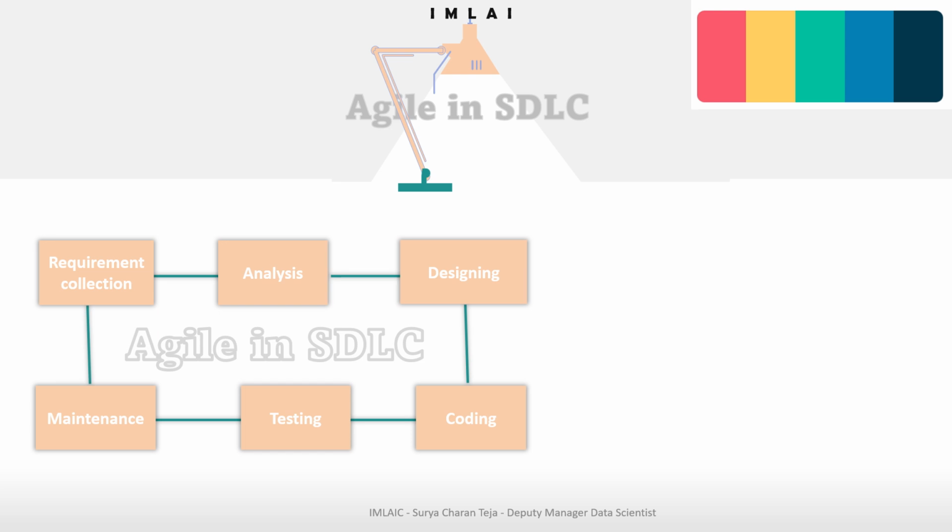This is how agile works in SDLC. The agile process is iterative in nature, which means changes can be made according to the customer's requirements until the customer is satisfied. So that's the greatest advantage of agile in SDLC, and that's why we really like this.